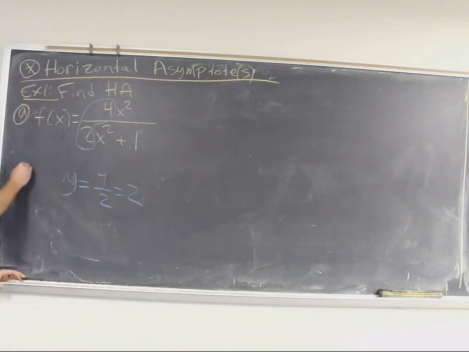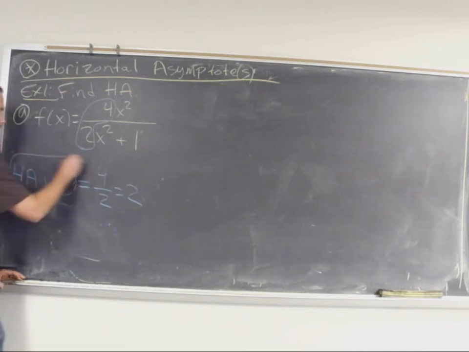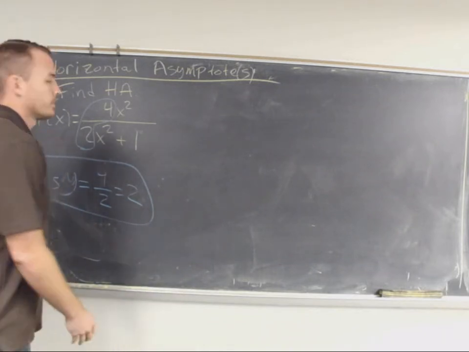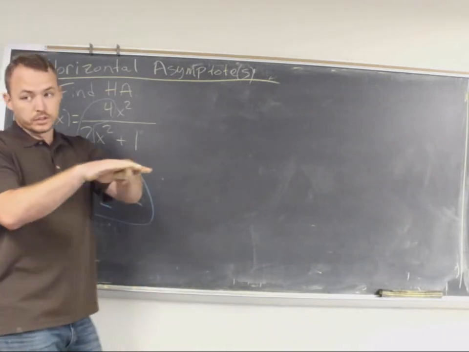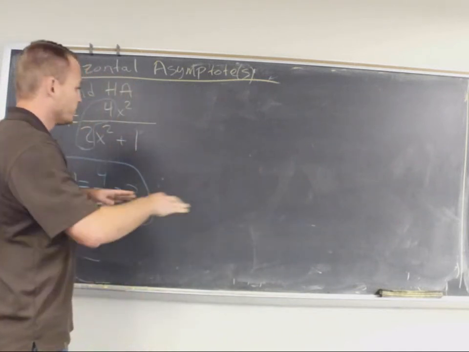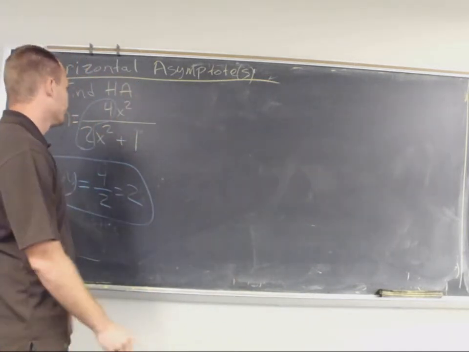That is, your horizontal asymptote is y equals 2. That's all it is. Graphically, this looks the same as the vertical asymptote, except the line is dashed horizontally, and the graph will get closer and closer to that on either end.